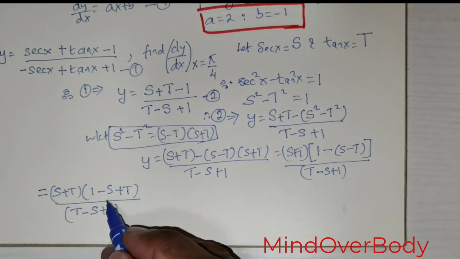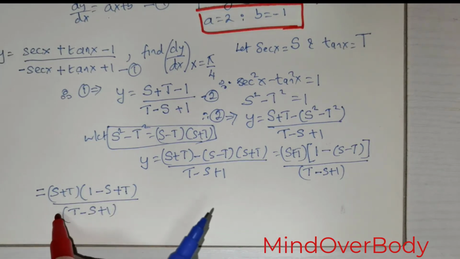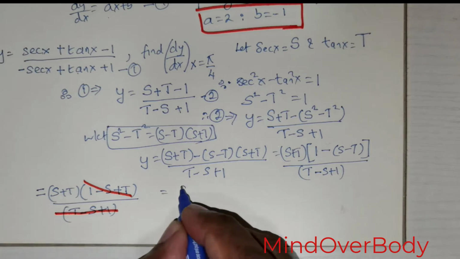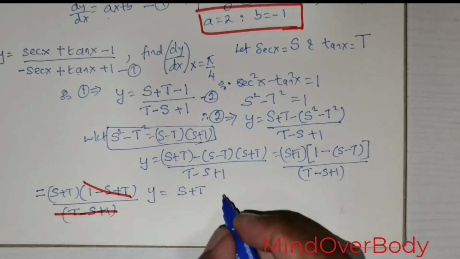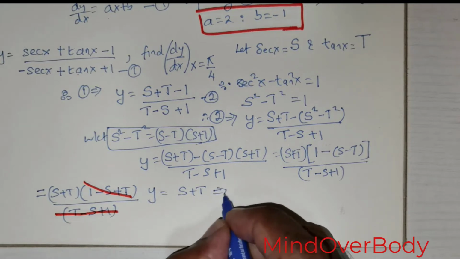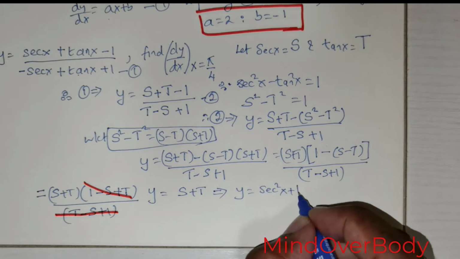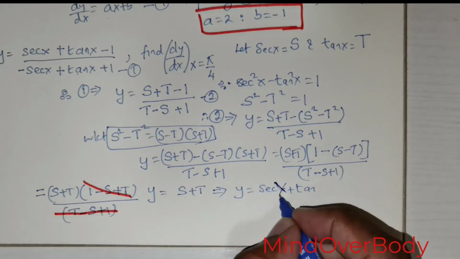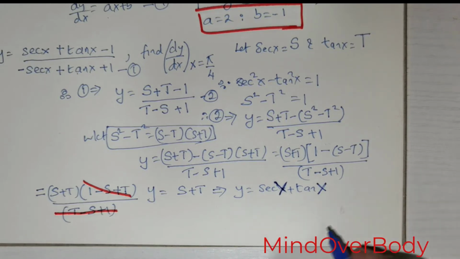Now T - S + 1, they can be cancelled. So that would leave me with S + T, and on the left we got y. So this is nothing but secant x + tan x.